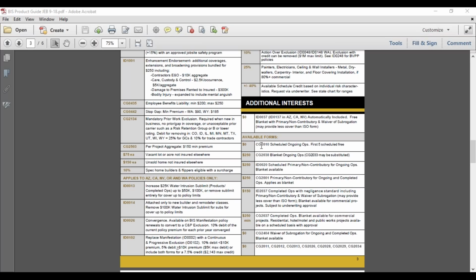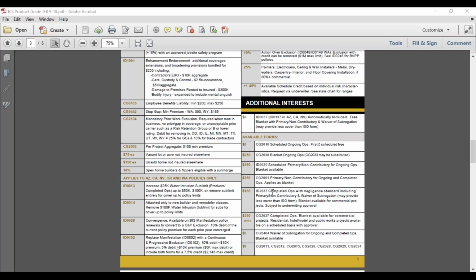And you have the option to add the CG 2010 should the need arise, the CG 2037 should the need arise, the 2404, 2011, 2001, all those if your GC is requiring it and you're working as a sub.